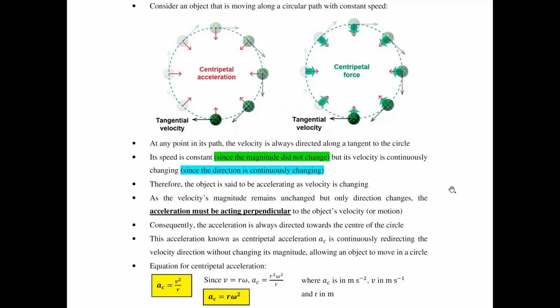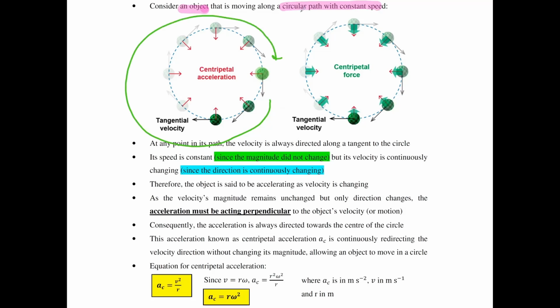Now, first consider an object that is moving along a circular path with constant speed. When we say something moves in a circular path with constant speed, it basically means something like this. Let's just say this is my starting point, and then I move one full complete circle like this.